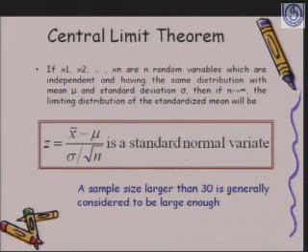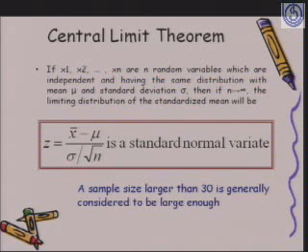Another concept which is of prime importance in sampling distribution and statistical inference is the central limit theorem, and it is by far the most used theorem in statistical inference.